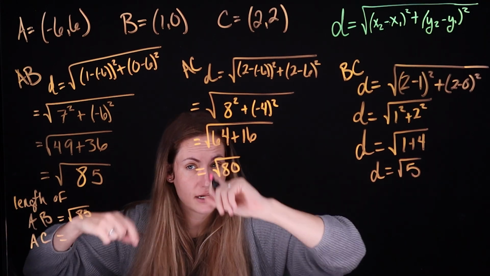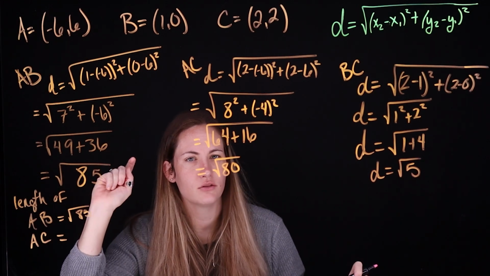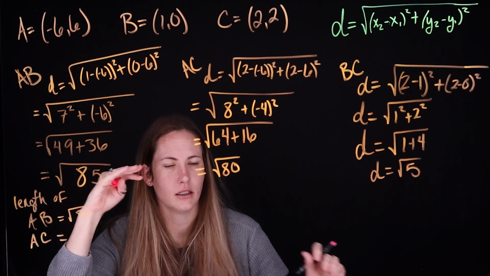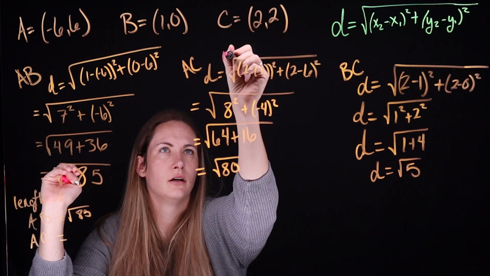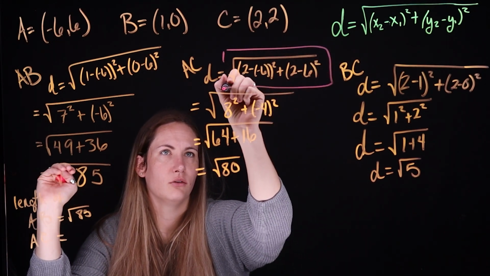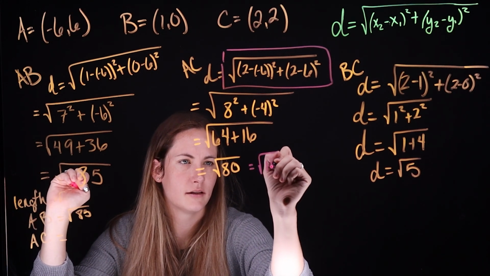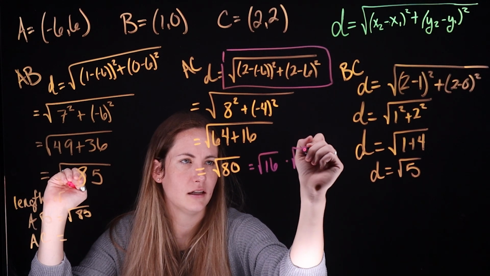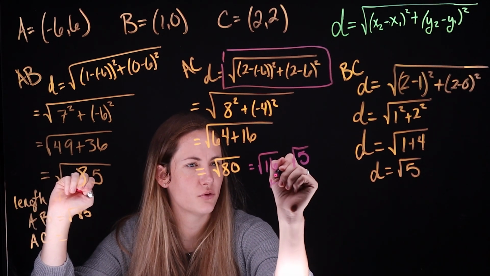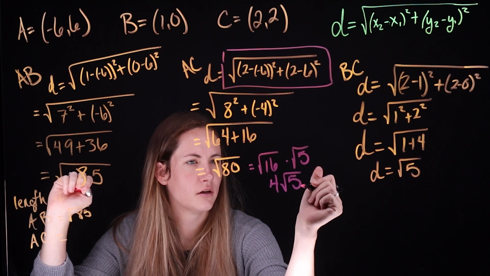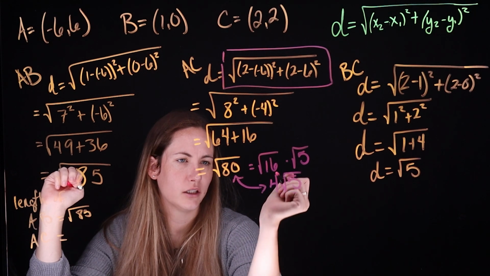If you have one of those TI-35, TI-30 XS MultiViews, those will work and do, if you type in this part right here, it would give you the answer. And this is going to simplify because 16 goes into 80 5 times. And then the square root of 16 is 4. So these two right here are equal.